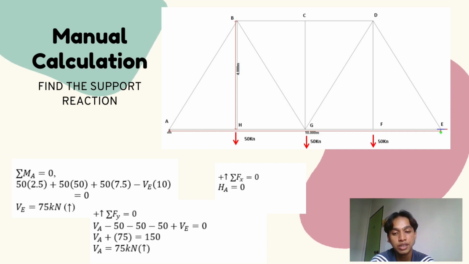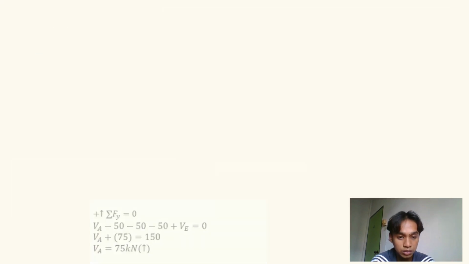In that way, we find the value of VA. VA is also 75 kN upward. Finally, for the horizontal part, the summation of Fx is equal to 0. Since there is no other force going horizontally, we can say that HA is equal to 0.